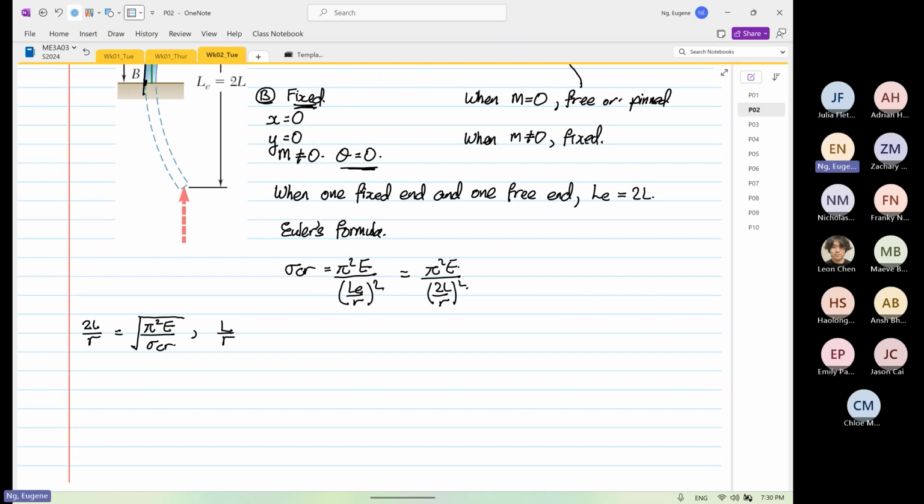So if we write this in terms of L over R, this will be equal to 1 over 2 multiplied by the square root of pi squared E over critical stress.